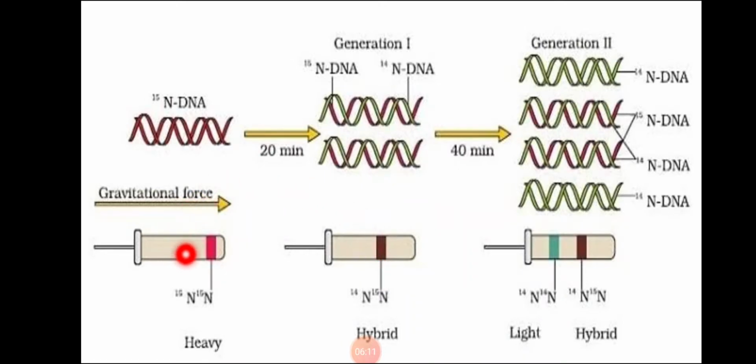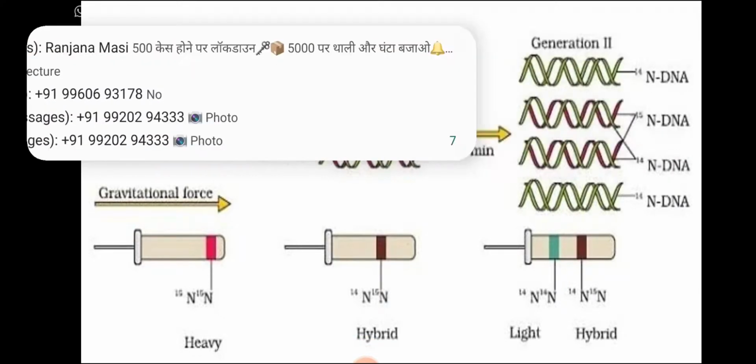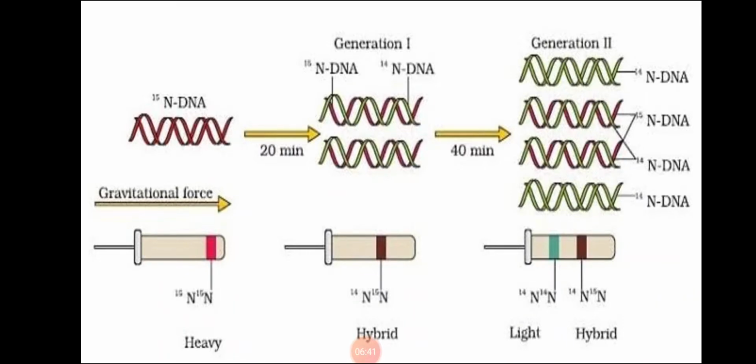With only N15, the band was at the bottom of the test tube, and when the hybrid was obtained, the band was in the middle of the test tube. After the first replication, two DNA molecules were formed, in which one strand is the old strand and the other strand is newly constructed. So this indicates that the replication is semi-conservative.